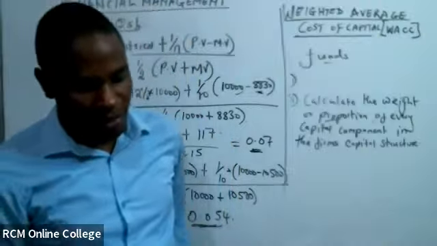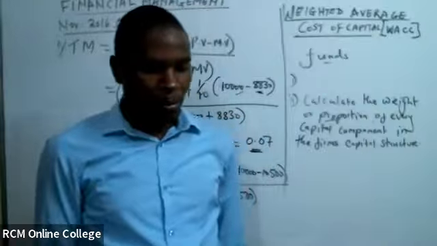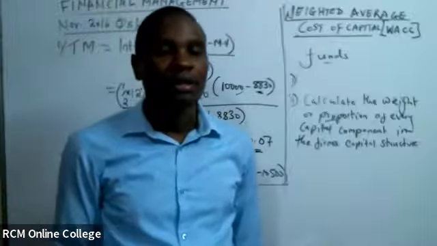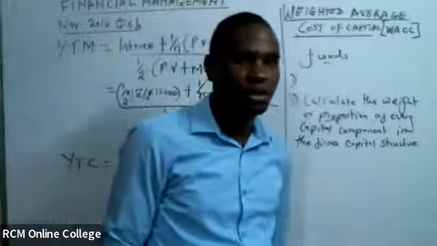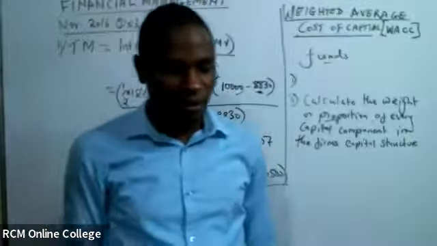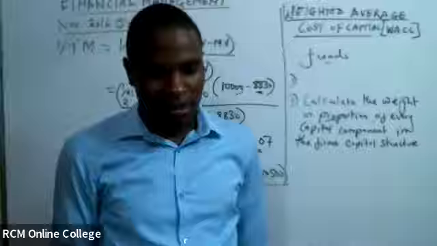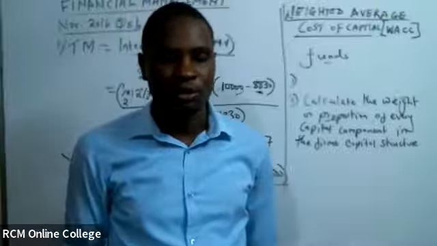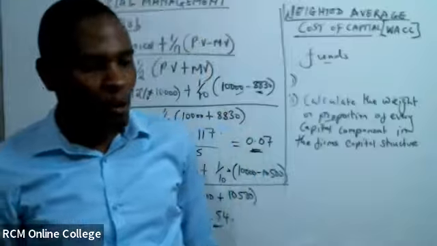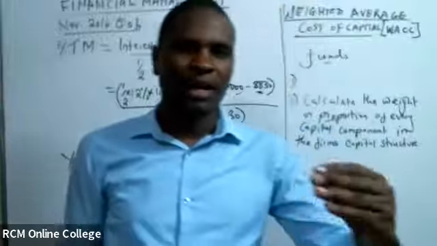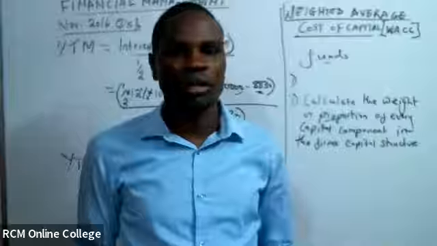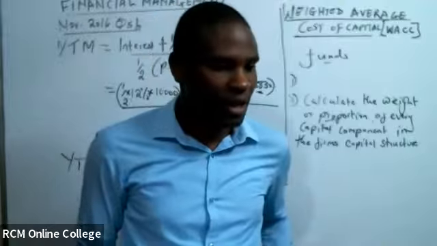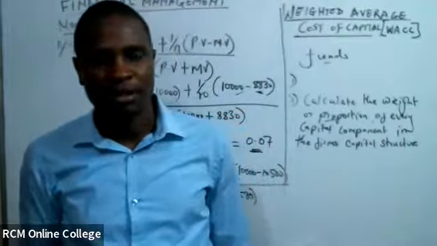So you can say that market values are normally considered in calculating WACC because, Roman number 1. So let's highlight the reasons why we use the market value before we move to the next part.